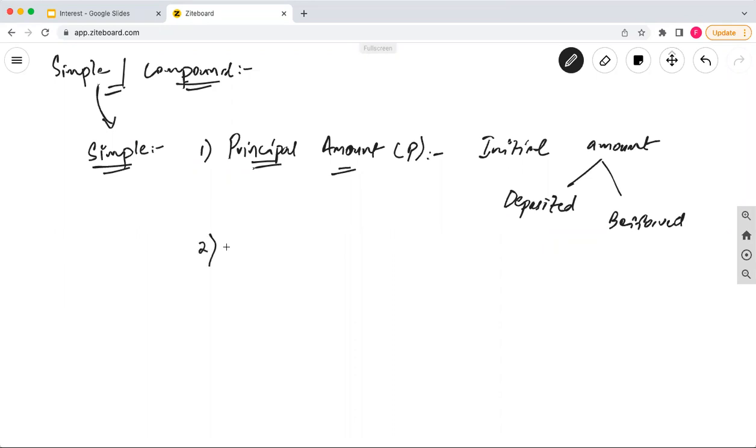The next thing is the rate of interest, which is usually represented by R. Okay, so this is a percent. It is the rate at which deposited or borrowed money earns interest each year.